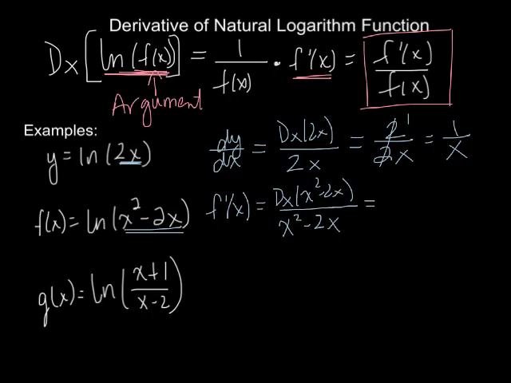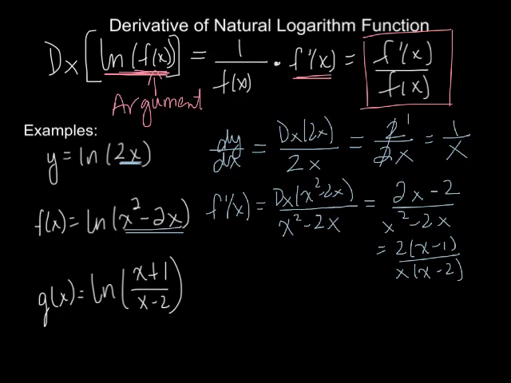So the derivative of x squared minus 2x is 2x minus 2 over x squared minus 2x. And if you'd like, you can factor a 2 out of the numerator, so that would be 2 times x minus 1, and an x out of the denominator, that would be x minus 2. That would pretty much be in the most factored form. It would be most useful for future work.